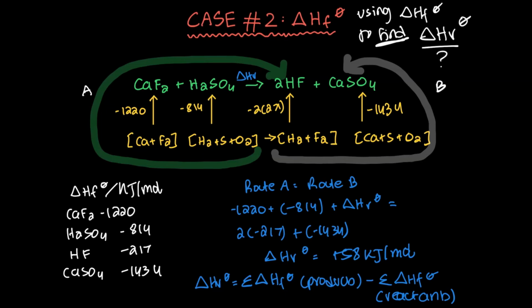So this is what is unknown, and this is what you need to find. And you have that over here. And your route B is going to be this number plus whatever this number is. And you're going to use that to find out delta H of reaction, which in this case is going to be plus 58 kilojoules per mole.